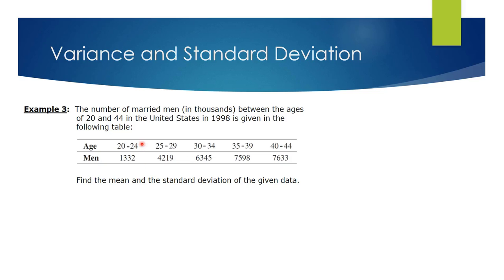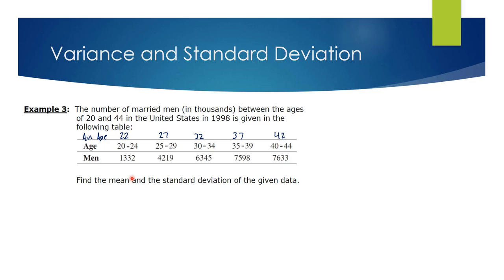So basically what you do is average the two endpoints for each one of these. If I average 20 and 24, I get 22. Do the same thing for 25 and 29, I get 27. You kind of see the pattern at this point. So these would be the numbers I use as representatives for my X value. I take the average age for each one of these subcategories.